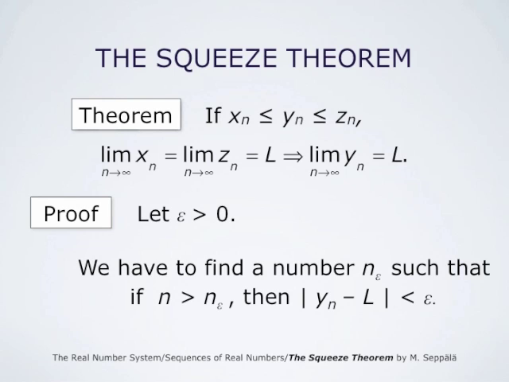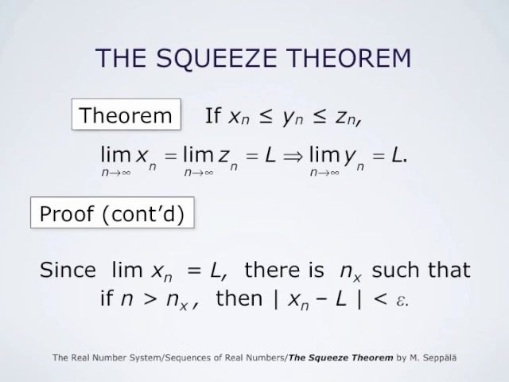That is, whenever the index n is larger than this limit n epsilon, then the numbers yn are closer to the limit value L than the distance epsilon. And if we can find such an n epsilon for any positive number epsilon, then we have shown that the sequence yn converges and has the limit capital L. So, how to do this?